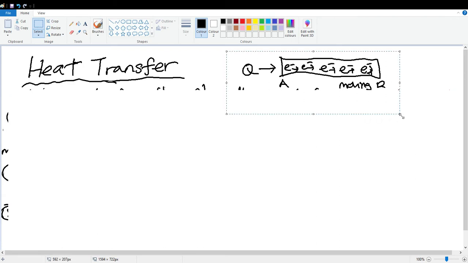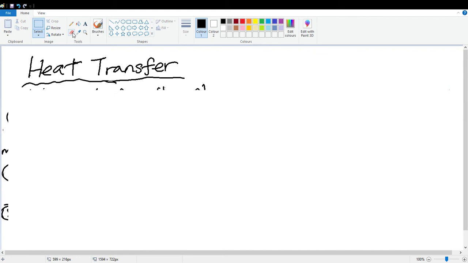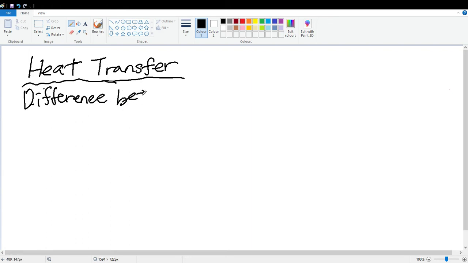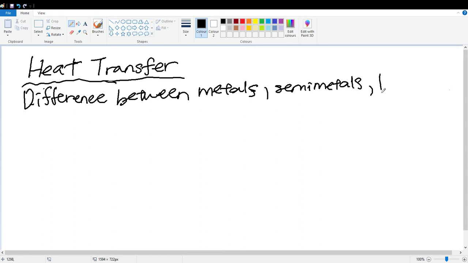Let's talk about the difference between metals, semi-metals, and insulators.